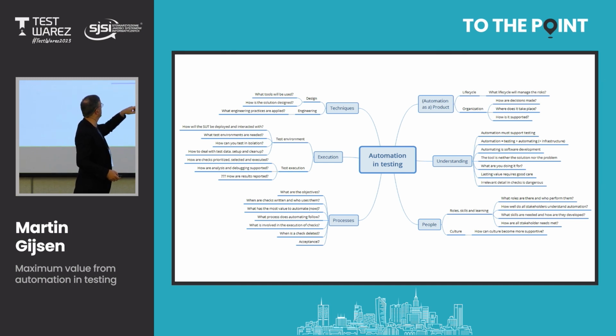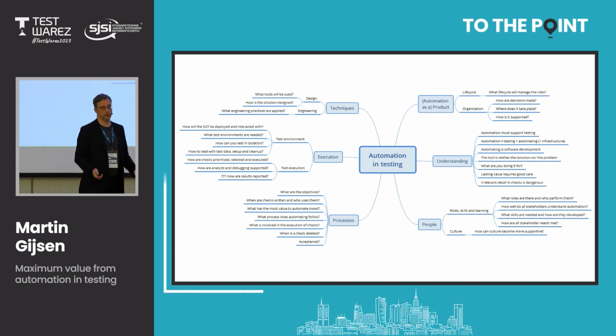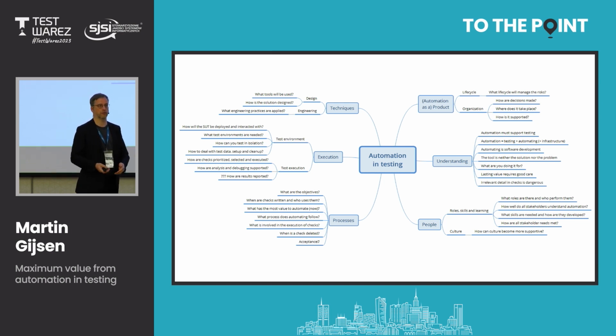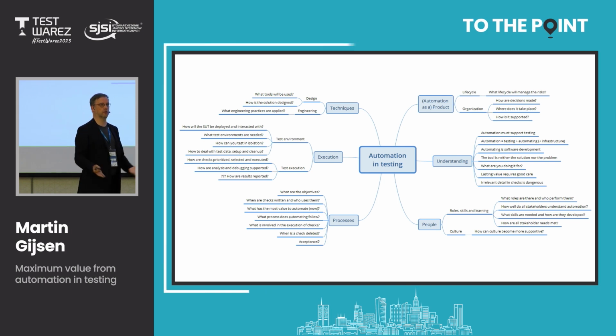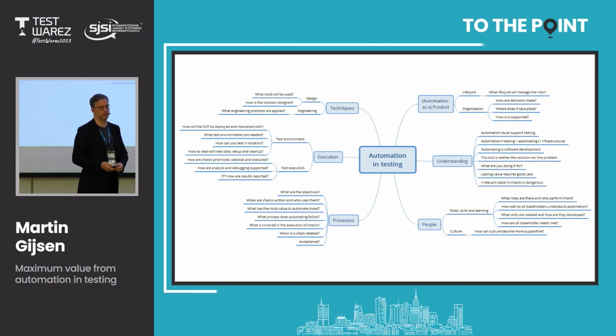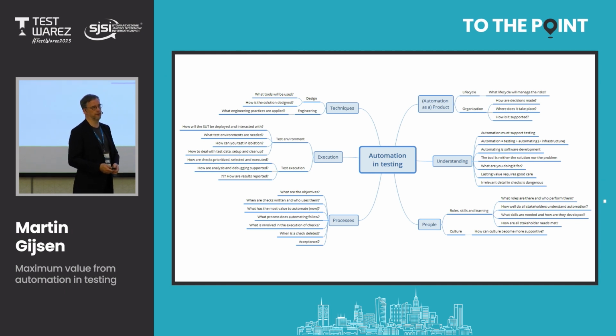And you will notice that almost all of those are questions, because every situation is different. There are no universal answers, but you can ask universal questions and then see what is the right answer for your particular situation. And all those answers together would help you know what your vision should be, what you need to have that value from automation, according to your goal that you defined.